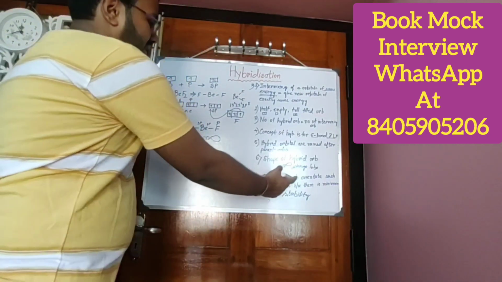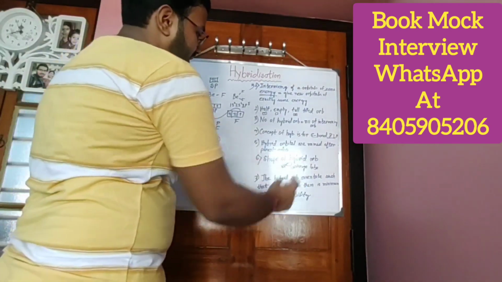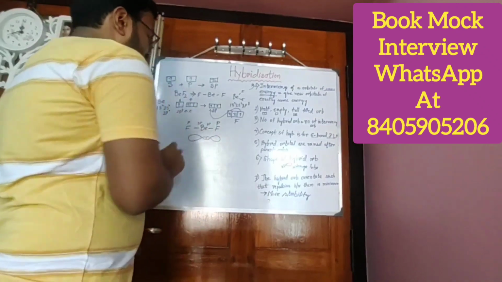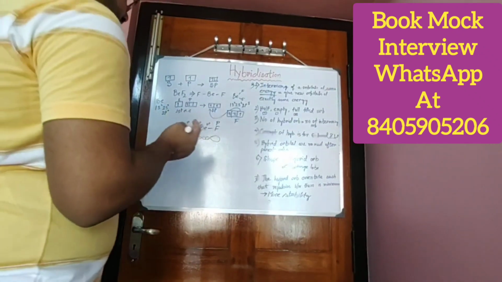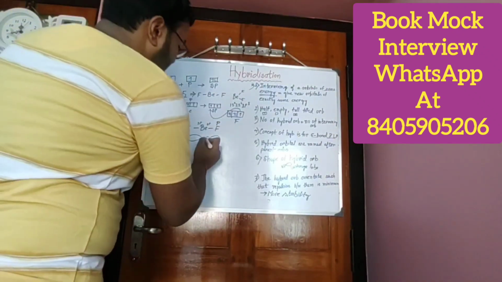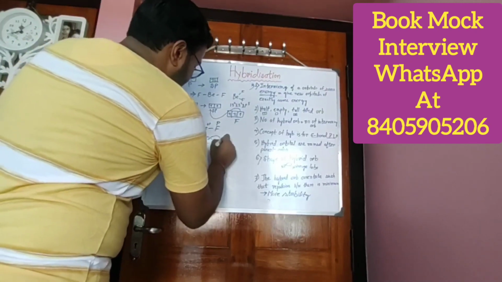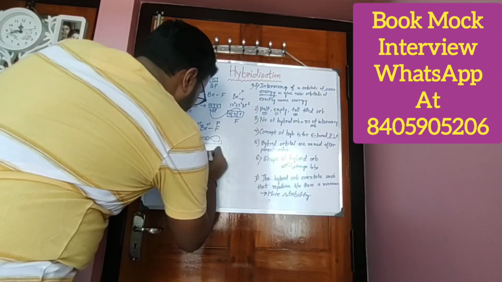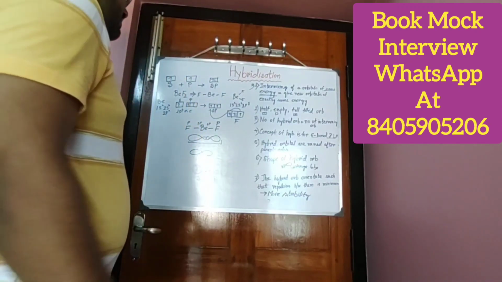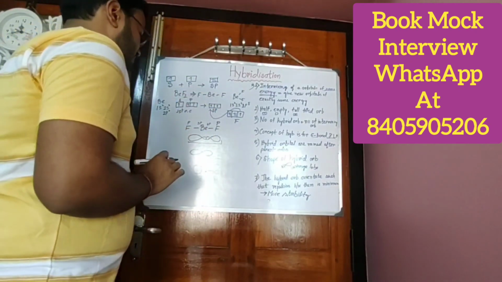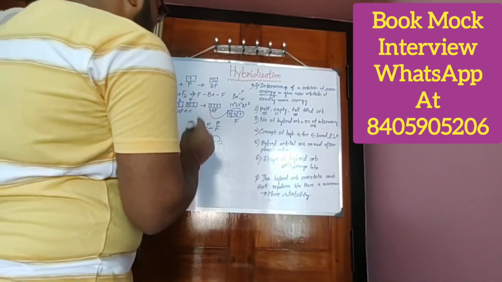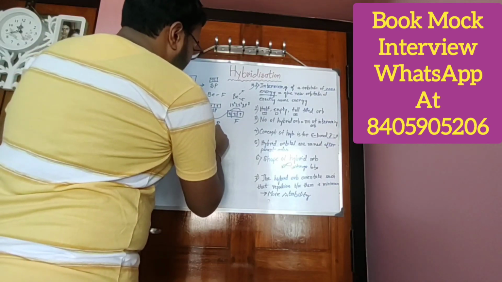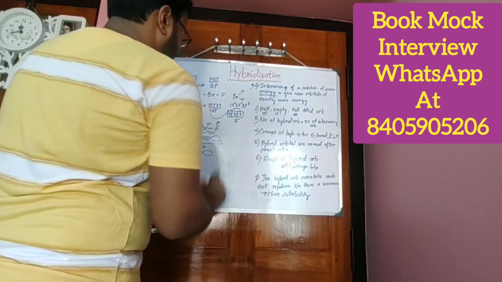I just told you in the last point that hybrid orbitals orient such that repulsion between them is minimum, and I have also given the shape of a hybrid orbital. So this will be the shape of the hybrid orbitals, and if we simplify it, we will see this type of bond if we ignore the small lobe. The main point is that the angle between them will be 180 degrees in sp.